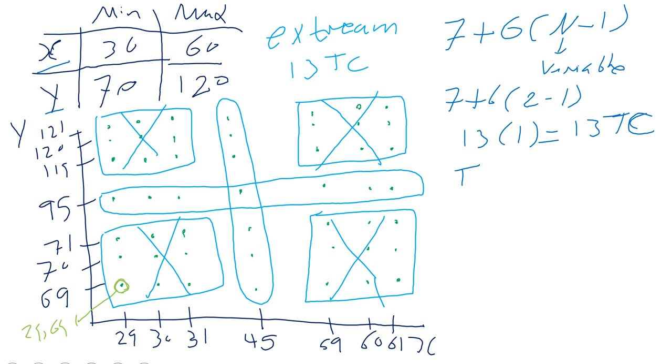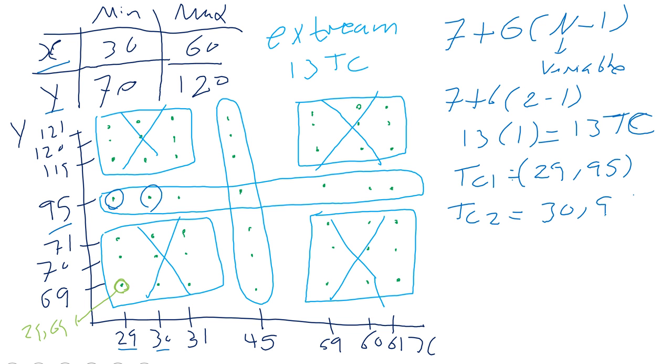So test case 1 will be, let's take this point, 29 and 95. Test case 2 is, let's take this point, 30 and 95.